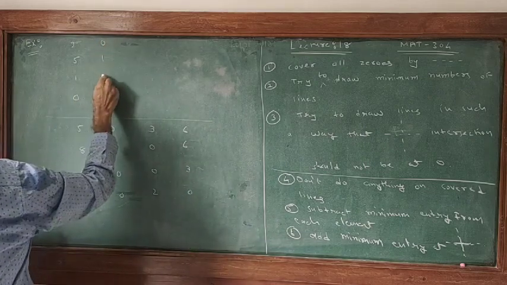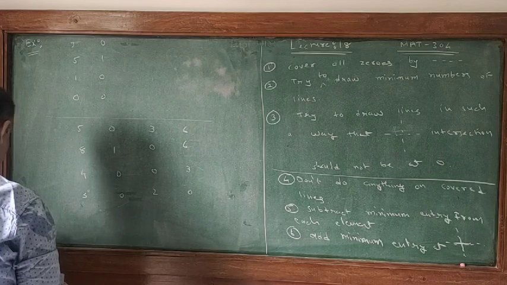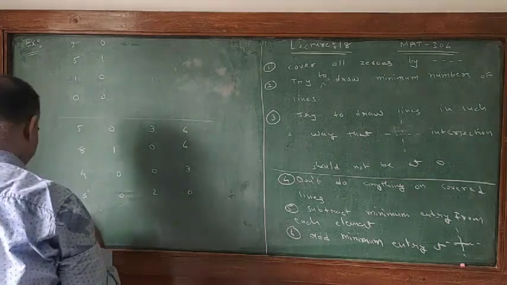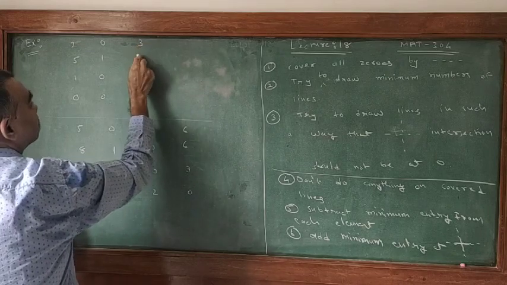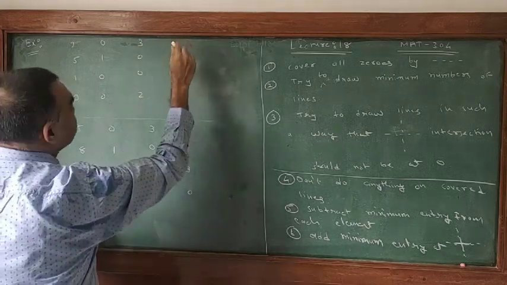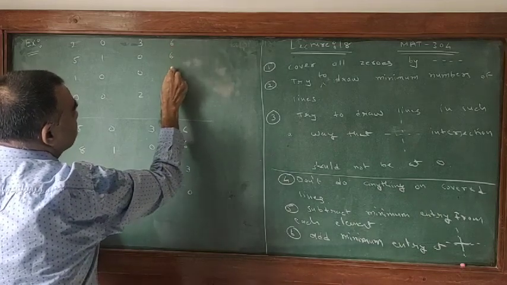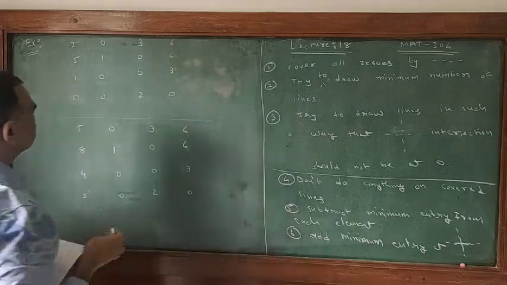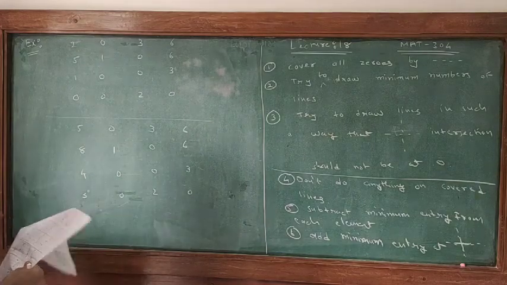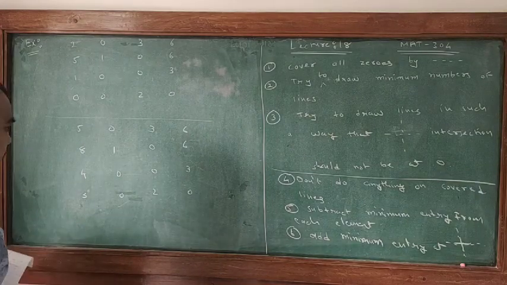0, 1, 0, 0, 3, 0, 0, 2, 6, 6, 3, 0. Now we have to cover all zeros.